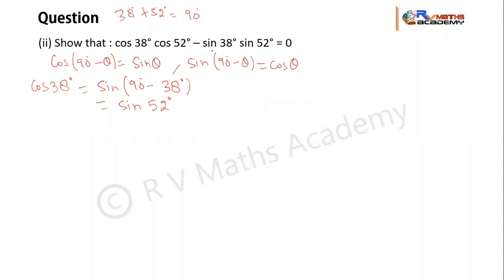Sin 52 degree is already present here, so again I will change this sin 38 degree, not this one. Sin theta can be written as cos 90 degree minus theta. So we can write sin 38 degree as cos 90 degree minus 38 degree, which is cos 52 degree. Now we will put the values in the left hand side.